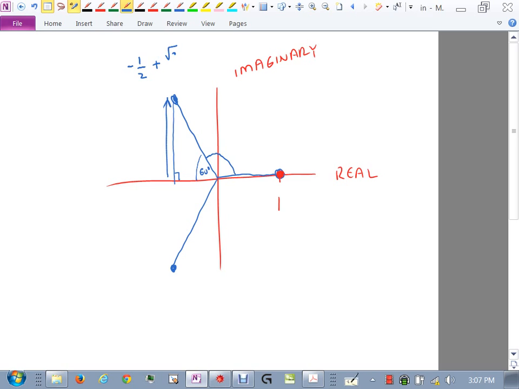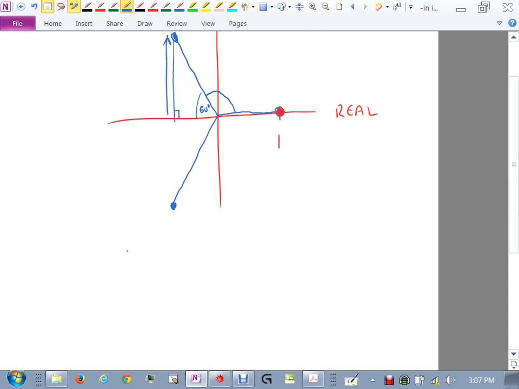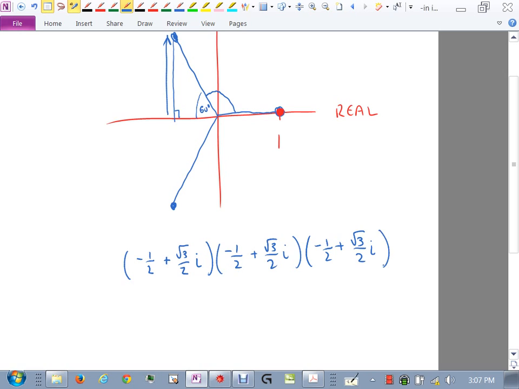Root 3 over 2 i. Now, if you haven't seen imaginary numbers, then this is just going to be confusing you perhaps. But I claim that if you take negative 1/2 plus root 3 over 2 i and multiply it times itself 3 times, you'll get 1. You can do it on your own for an exercise.